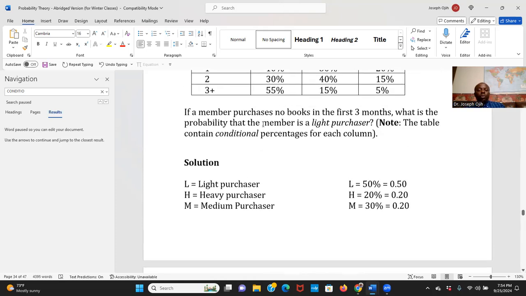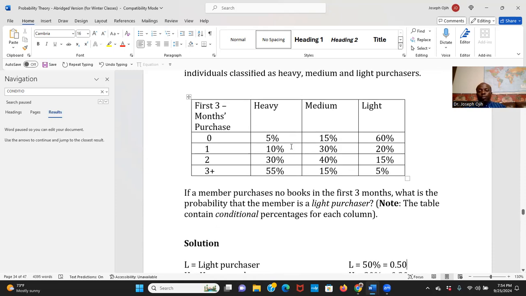Now we are also given other information from the table. Heavy purchasers who did not buy any book in the first 3 months are 5%. Medium purchasers who did not buy any book in the first 3 months are 15% of them, and light purchasers who did not buy any book in the first 3 months are 60%.